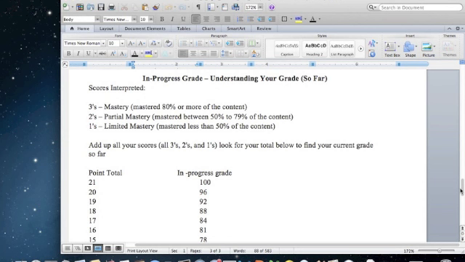So each test will contain a little chart. And this chart says in progress grade. Understanding your grade so far. Because in the grade book there will be 7 separate scores of a 1, 2, or 3 for each of the learning targets. So there will never be a percentage grade.